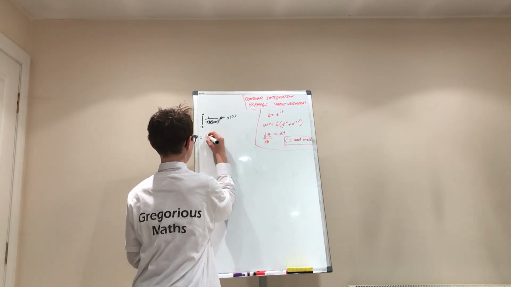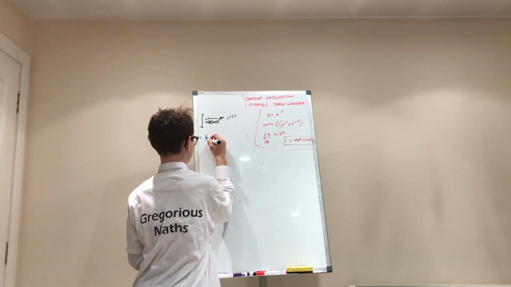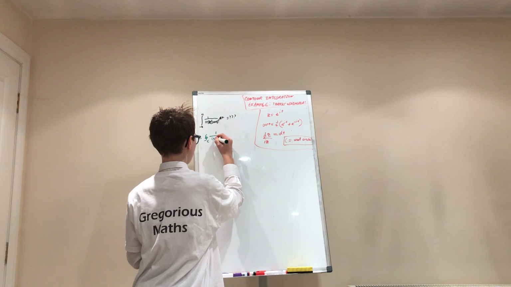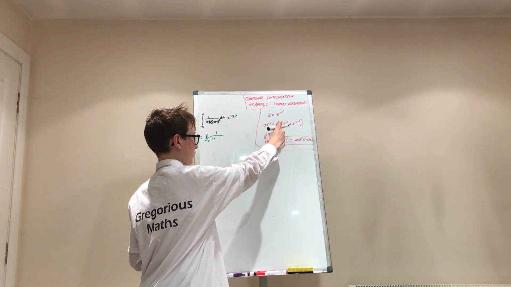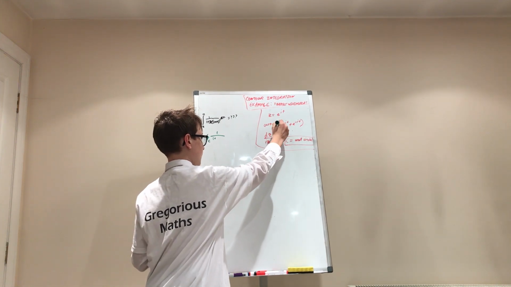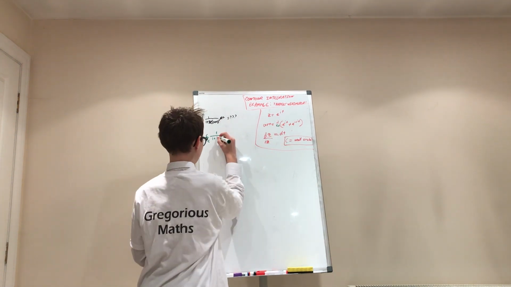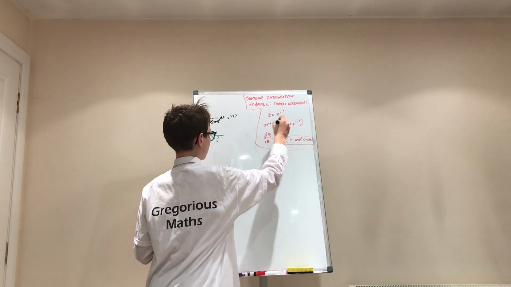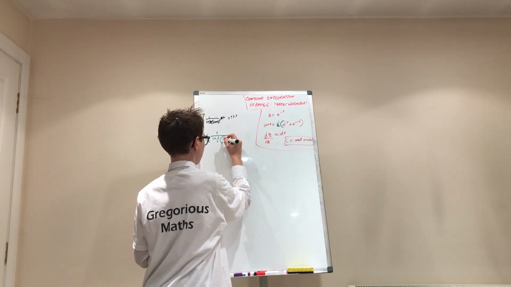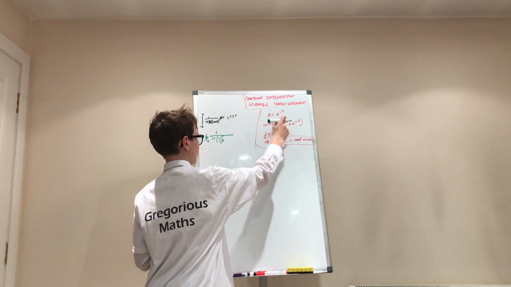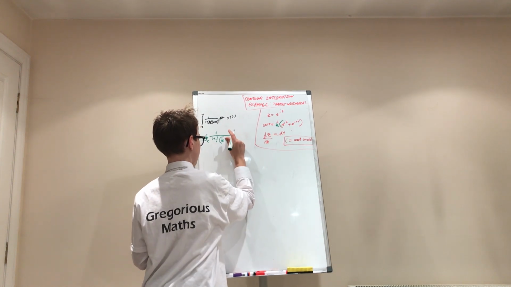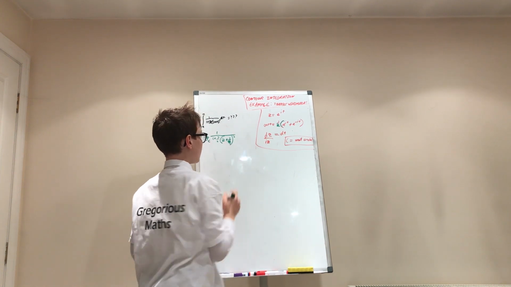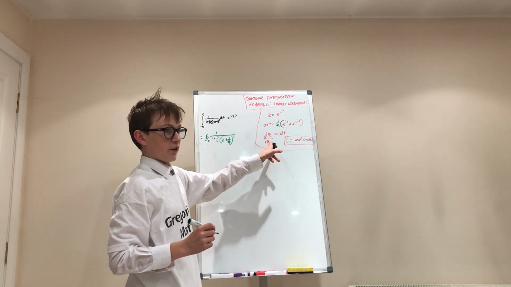So this equals the contour integral of 1 over 1 plus, okay, squaring this leaves us with 1 over 4. So 3 times that leaves us with 3 over 4. Okay, and then (z plus z to the negative 1, which is 1 over z) squared, times dz over iz.